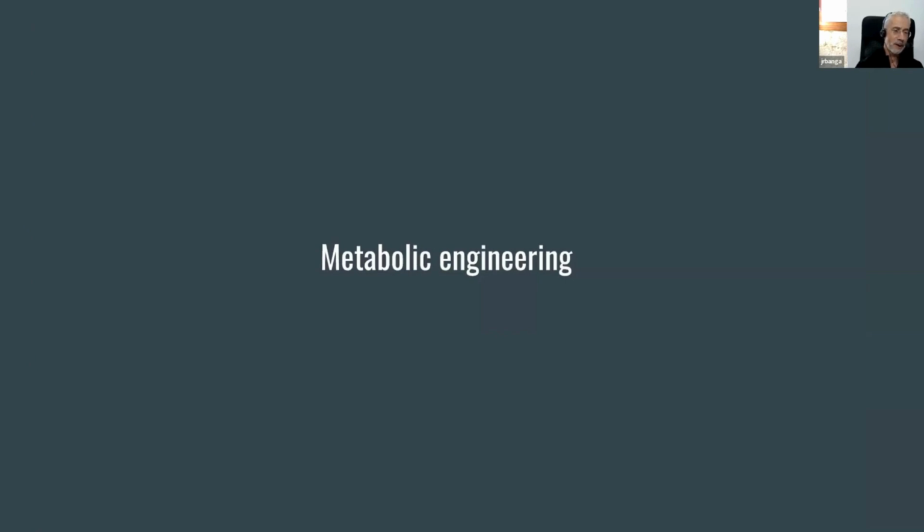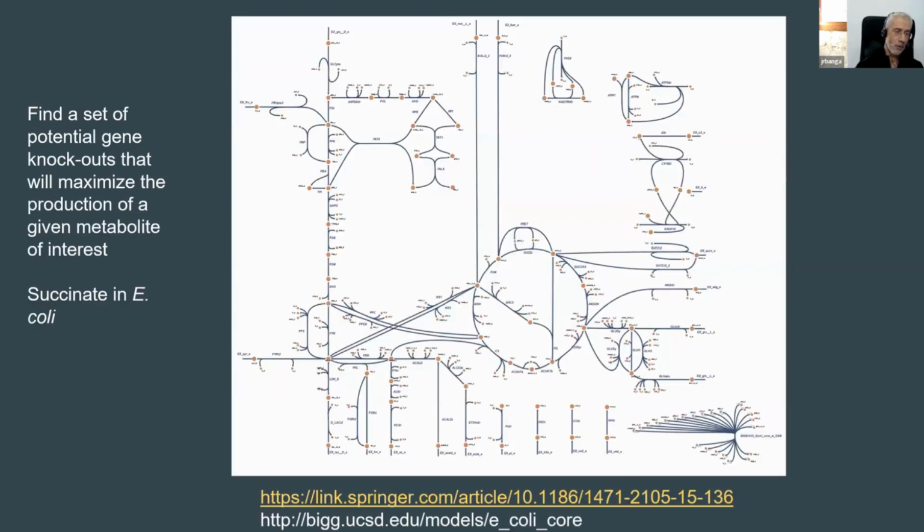Another example that is also included in the MEIGO paper is an application in metabolic engineering. So imagine that you have a relatively large model of the central carbon metabolism of E. coli, okay? And you want to do some metabolic engineering, meaning you want to carry out some knockouts to increase the production of a metabolite of interest, for example, succinate, okay?